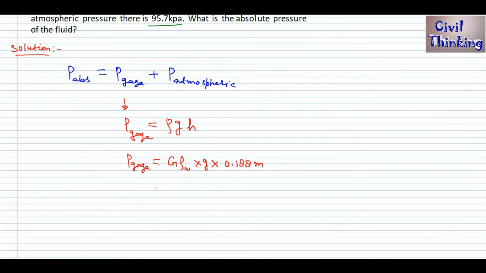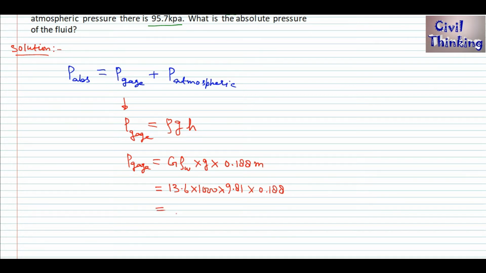The specific gravity of mercury is 13.6, the density of water is 1000, g is 9.81, and h is 0.188.